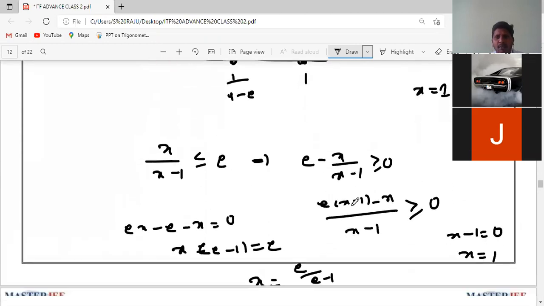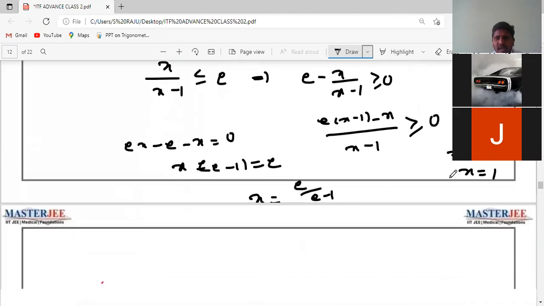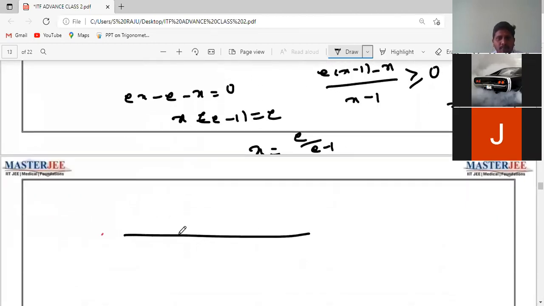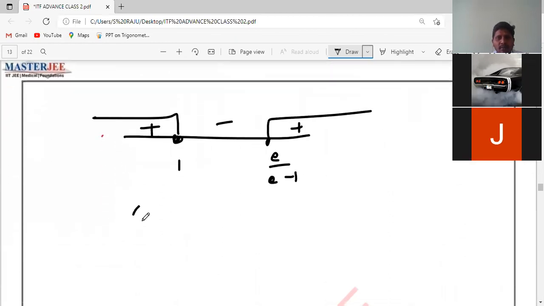Is e/(e - 1) the highest value, or is 1 the highest value? In this case, x has two roots. Again, 1 is here, and e/(e - 1) is the highest value. So it is greater than or equal to 0, and the value of x must be positive, negative, positive. So what is the interval here? Minus infinity to 1 union e/(e - 1) to infinity.